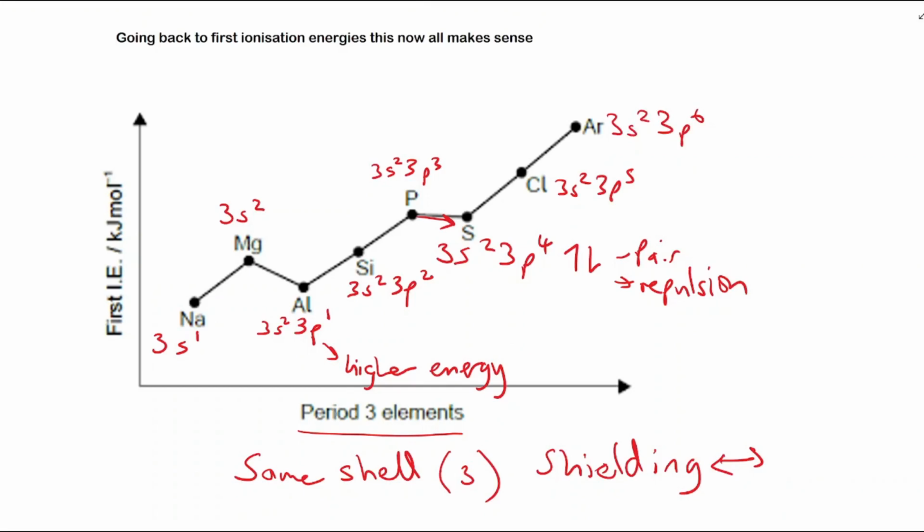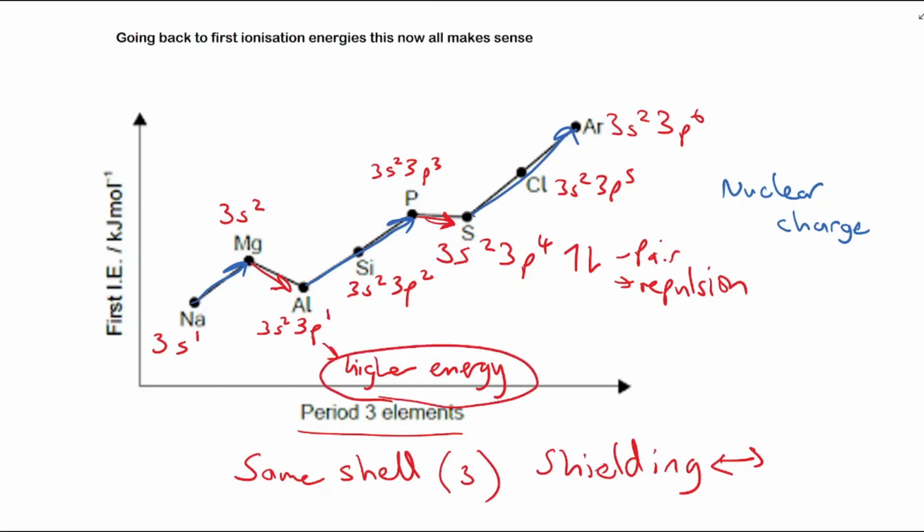And again, the nuclear charge explains why that goes up. So when we're looking at increases like here and here and here, we're talking about nuclear charge being the overall factor. When we're looking at our two decreases that we've talked about, this one here and this one here, we've got two different reasons.